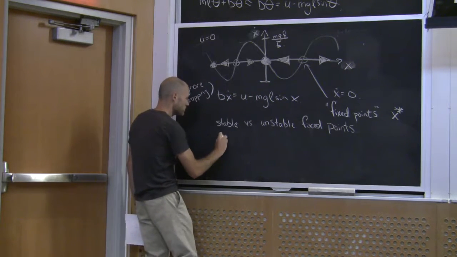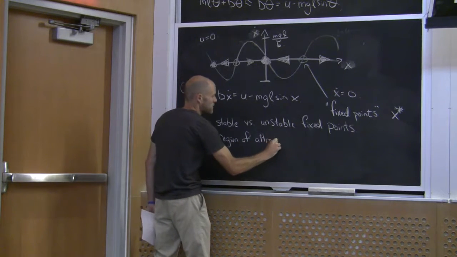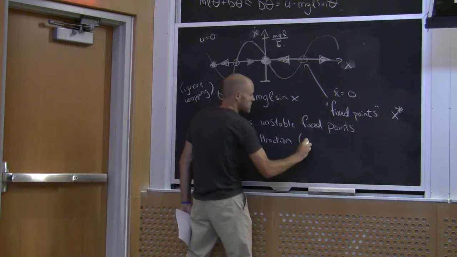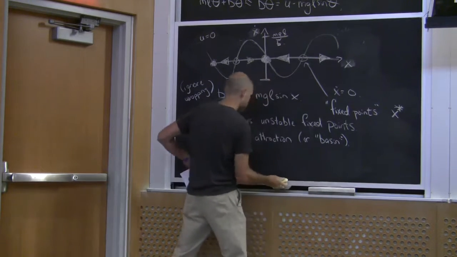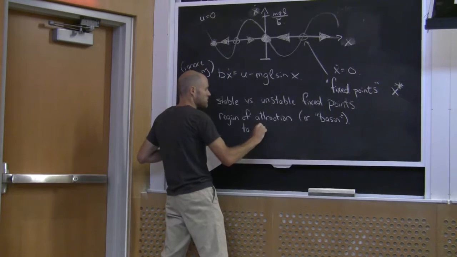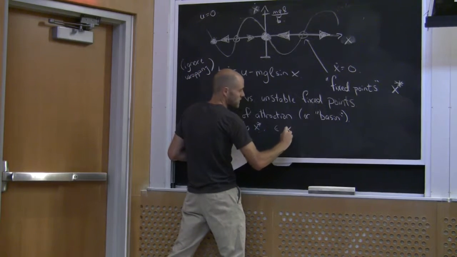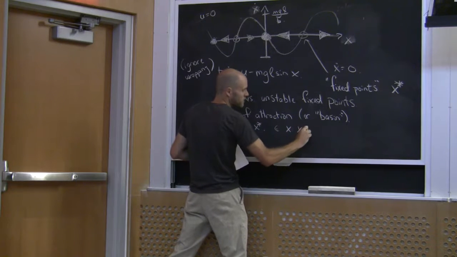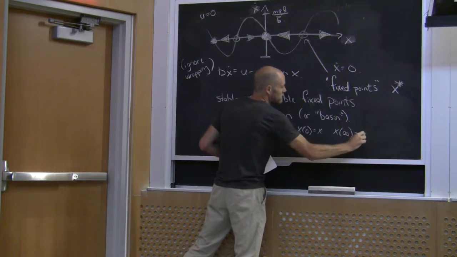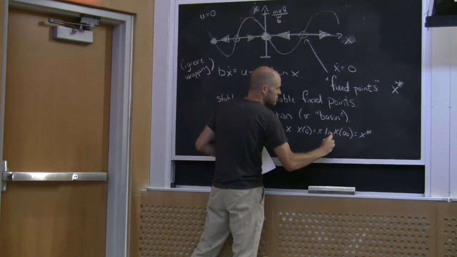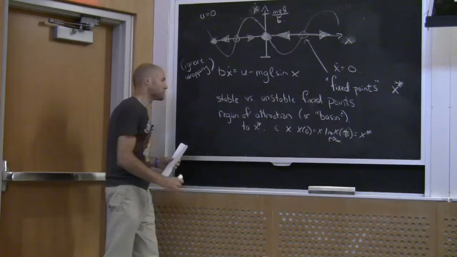So it's the set of x such that if x0 equals x, then x infinity equals x star, or the limit as t goes to infinity of x(t) equals x star, okay?